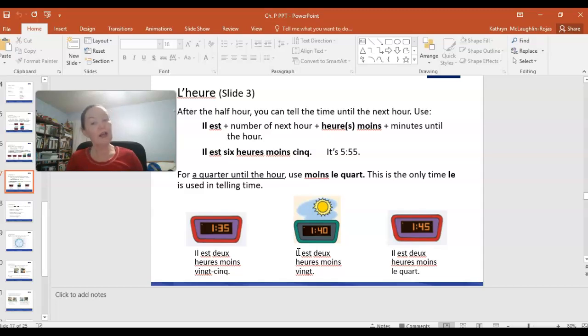It's 2 o'clock minus 20 minutes. And finally, if you are talking about quarters of time, like 15-minute blocks, like we did when we talked about 3h15, you can do it with subtraction too. So, il est 2h moins le quart. It is 2 o'clock minus the quarter, in other words.